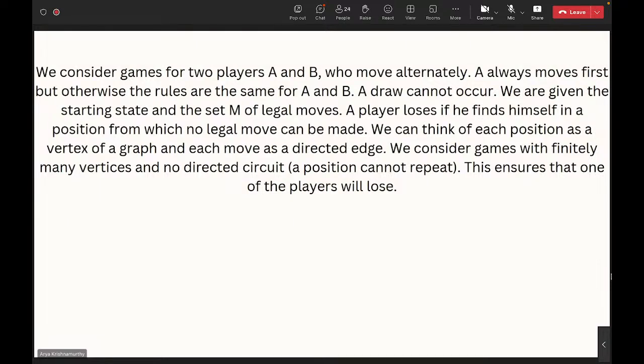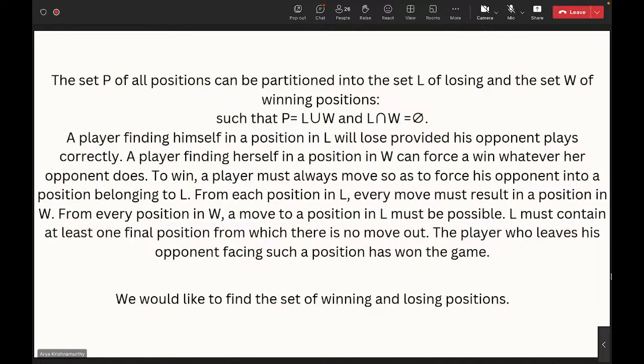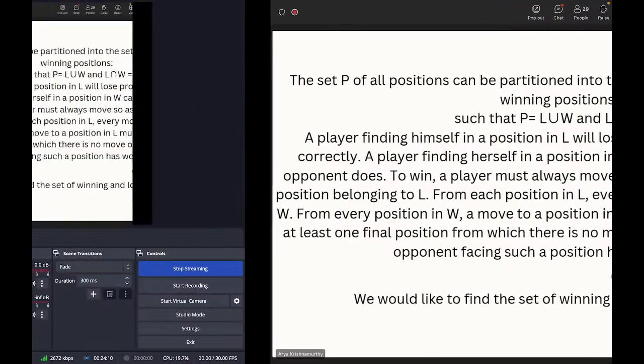The entire discussion will be based on finding what the winning and losing states are. So the set P of all the positions can be partitioned into L, the set of losing positions, and W, the set of winning positions.